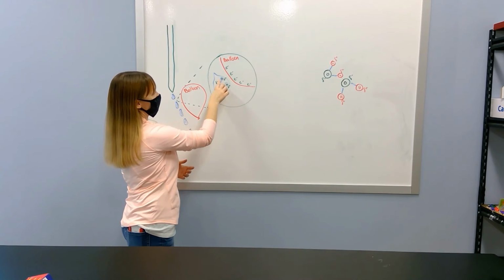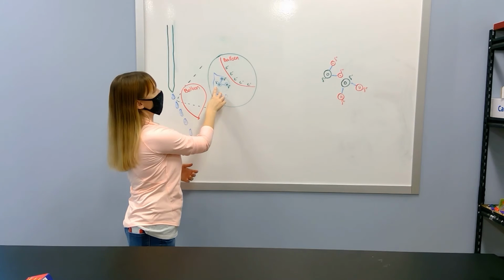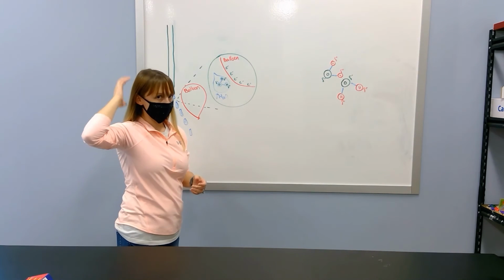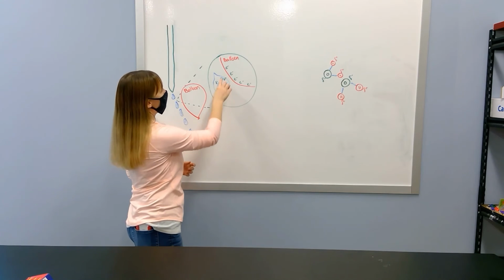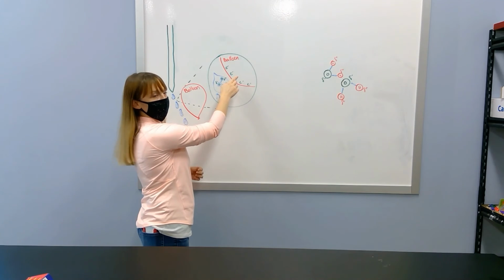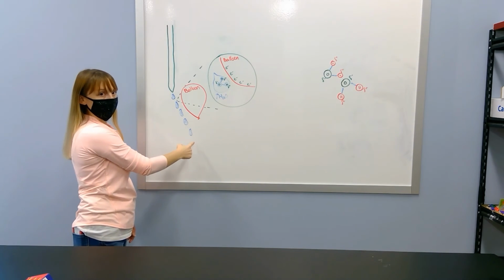This is the partial positive side with the hydrogens. This is the partial negative side with oxygen. The balloon has electrons from being charged when I rubbed it on my hair. So the partial positives attract to the negatives of the balloon, which is what causes that stream to curve.